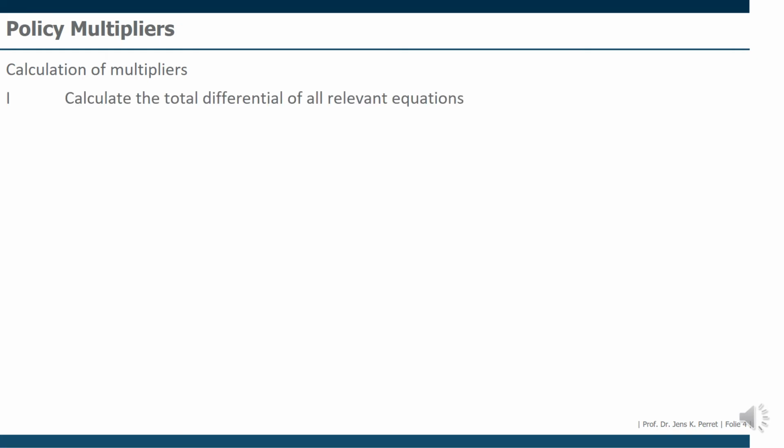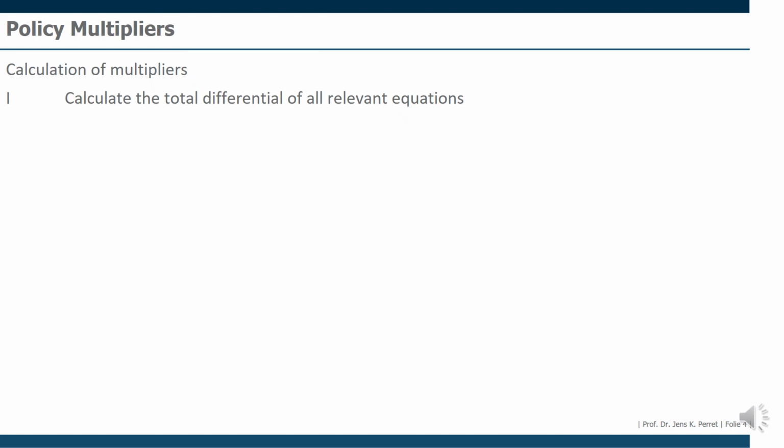And here in this context, start by considering all equations you have in your model and get the total differential of all of the relevant equations, considering all endogenous variables and all relevant exogenous variables.